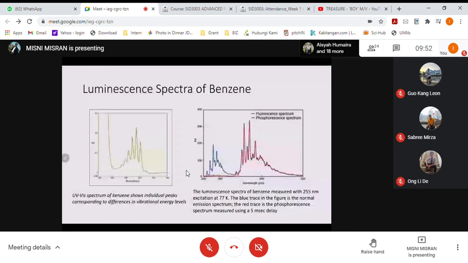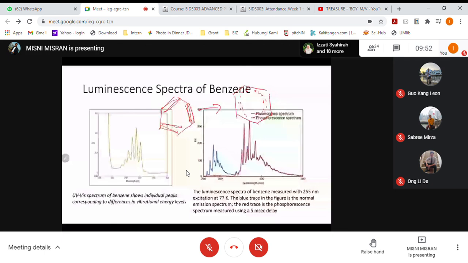So benzene, I just draw the benzene molecule. Sorry, not very nice. You have this S orbital, and of course we have the delocalized electrons in this benzene molecule.